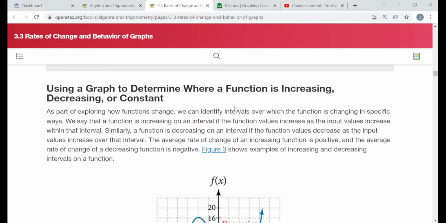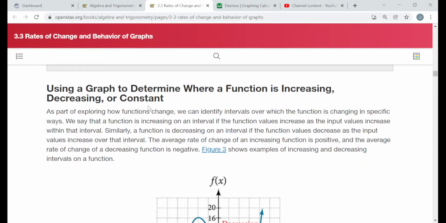So every example I'm going to be doing in this video is taken directly from a free online textbook at openstax.org, and I'm in their Algebra and Trigonometry text, section 3.3, Rates of Change and Behavior of Graphs. And I'm under the heading Using a Graph to Determine Where a Function is Increasing, Decreasing, or Constant.